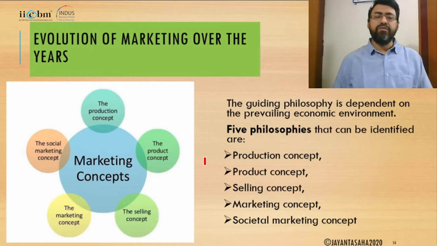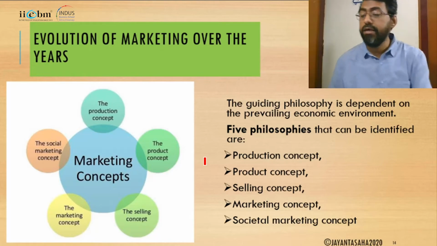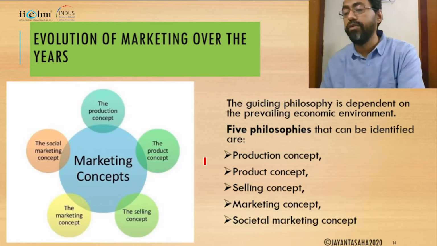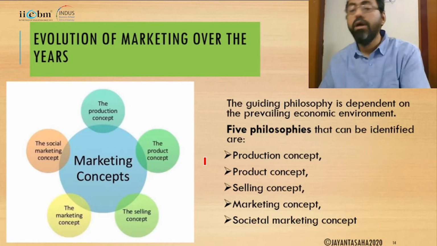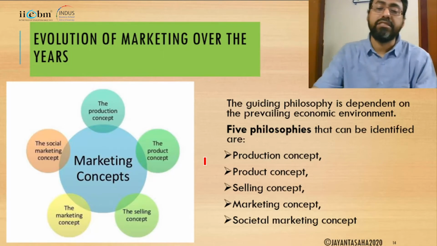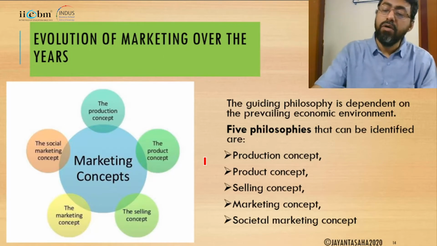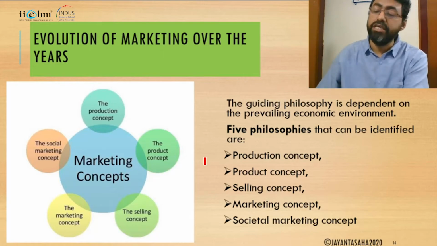If you recall, in the first lecture we discussed that marketing can be considered as a process, as a body of knowledge, and also as a philosophy, right? Marketing as a philosophy has been undergoing changes over a period of time.